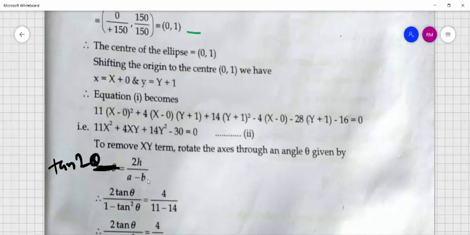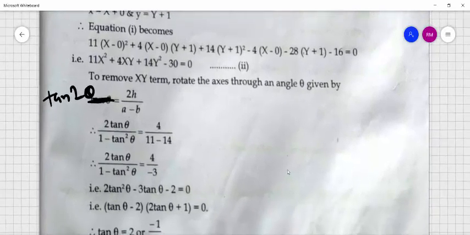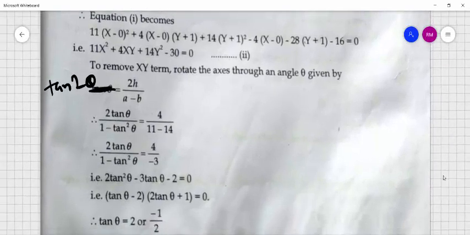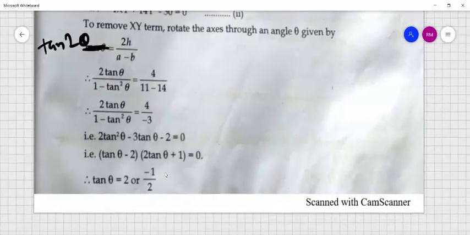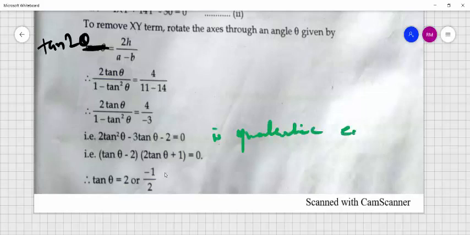And what about the left hand side? We know the trigonometric result, tan 2 theta is equal to 2 tan theta upon 1 minus tan square theta. So just simplify this, we get a quadratic equation in tan theta, then factorize it. We know how to solve a quadratic equation, ax square plus bx plus c equal to 0.